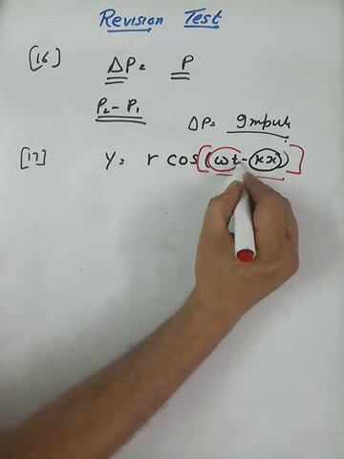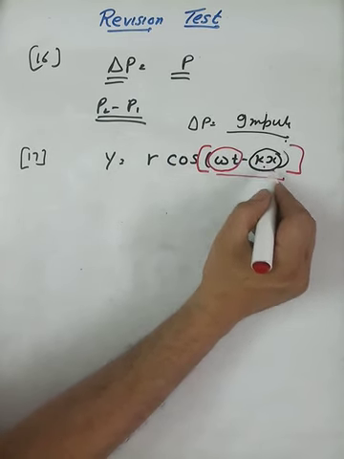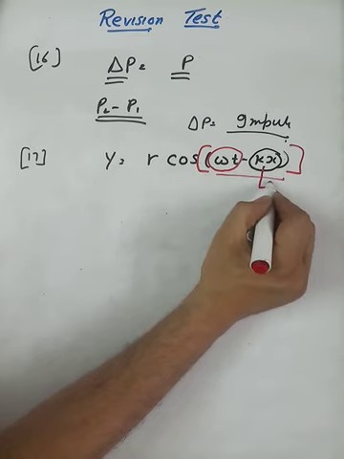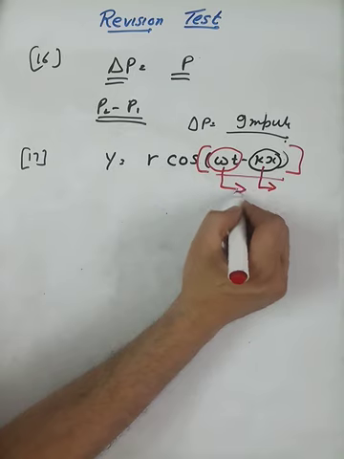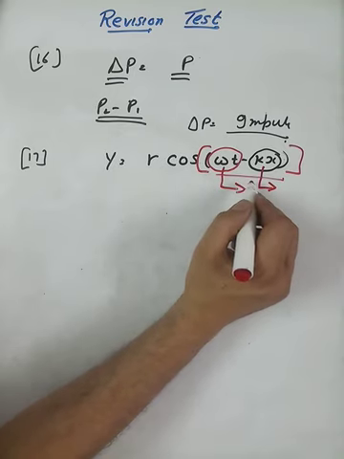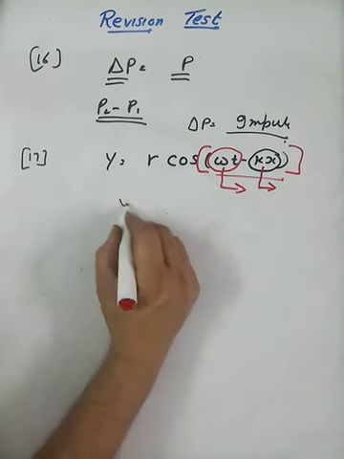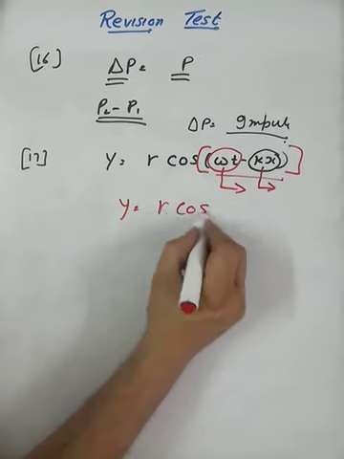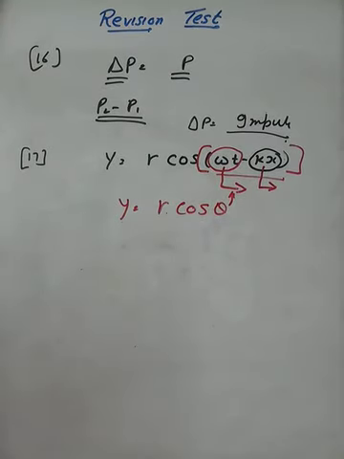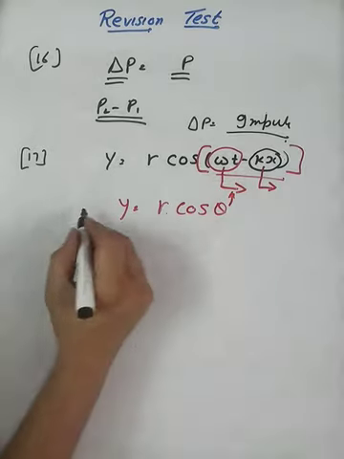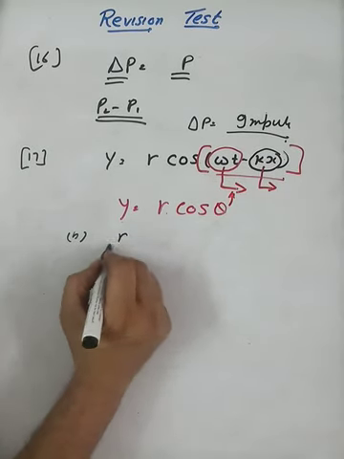This omega t has the same dimension as that of kx. Kx is dimensionless, and omega t will also be dimensionless, because the angle in cos theta, sin theta, basically a simple equation is v equals r cos theta. Omega t minus kx is theta, and theta is dimensionless, therefore omega t and kx are both dimensionless. So B is the most suitable answer, r by y.